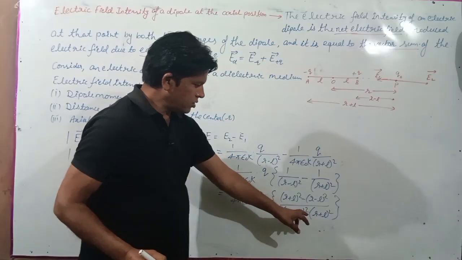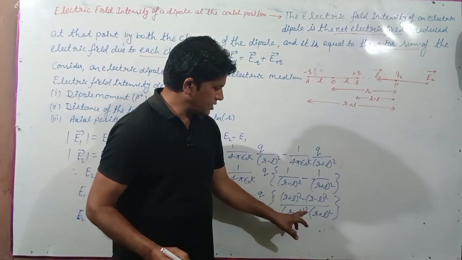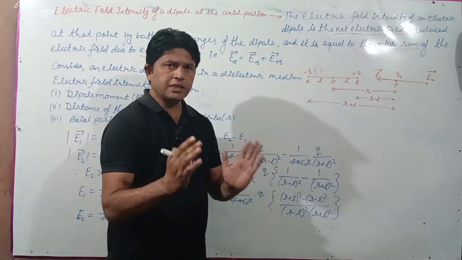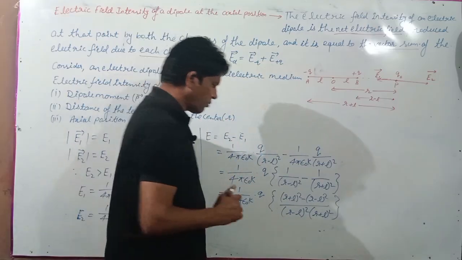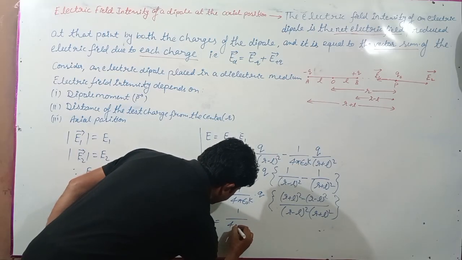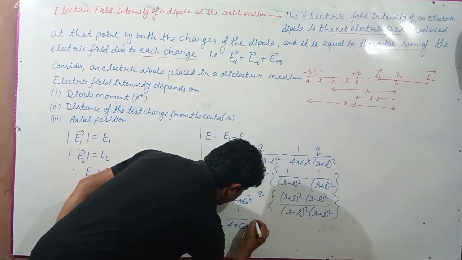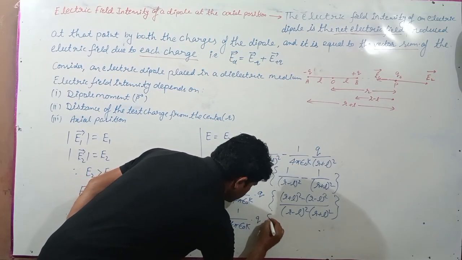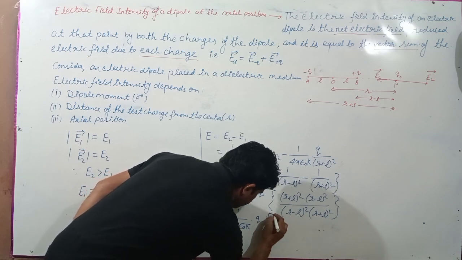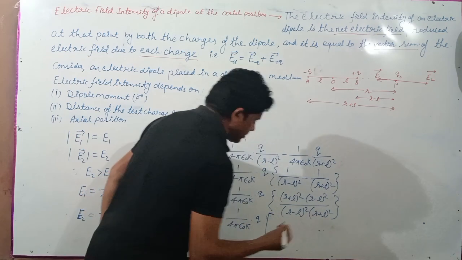You see here both the terms have square, so these two terms can be placed in only one bracket. Again 1 upon 4 pi epsilon naught K Q, and here we place a big bracket.